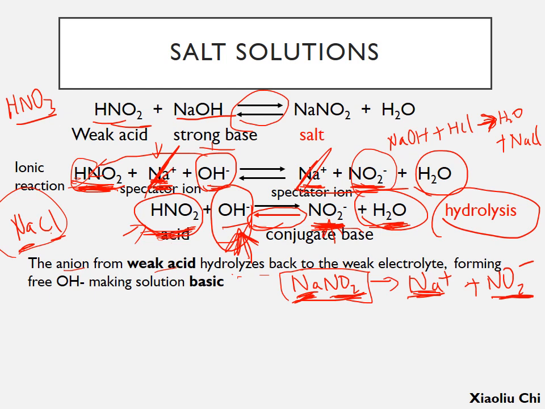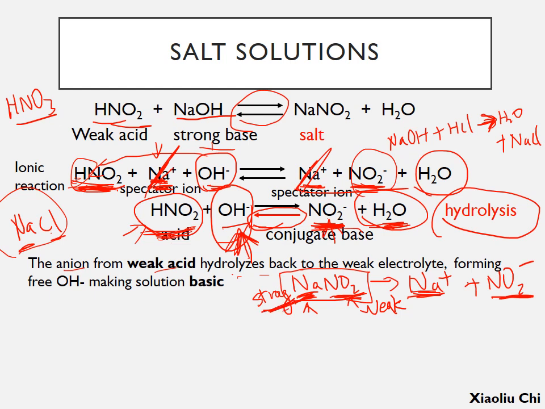Okay, so how do you memorize it? Here is one way to remember it. If a salt comes from a strong base but a weak acid, the stronger one wins the solution.